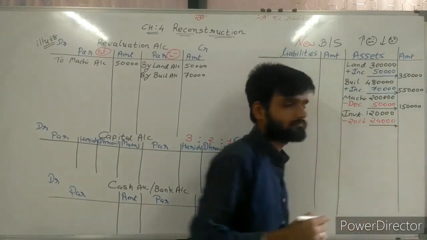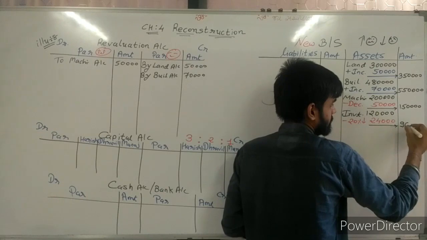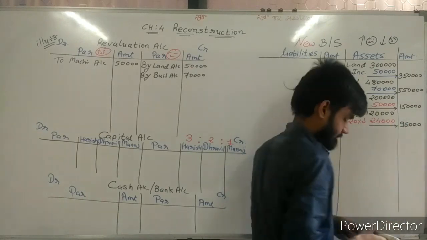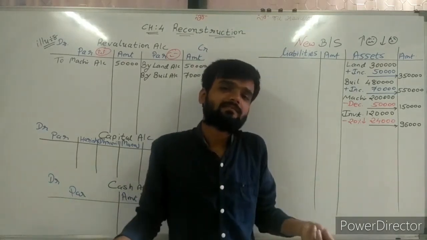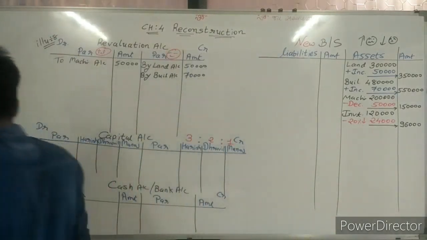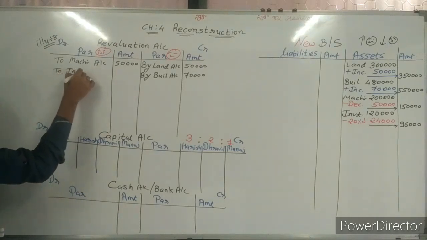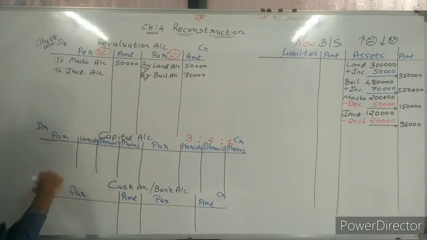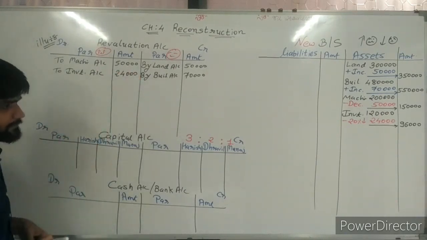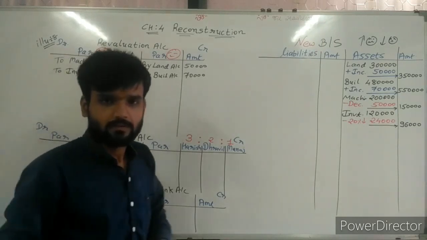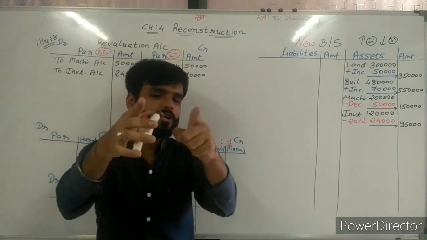The outer column value is 96,000. Again, asset decrease, sad. Sad means debited, so right here: To investment account, 24,000. I am 100% sure up to this level no difficulty will be there.